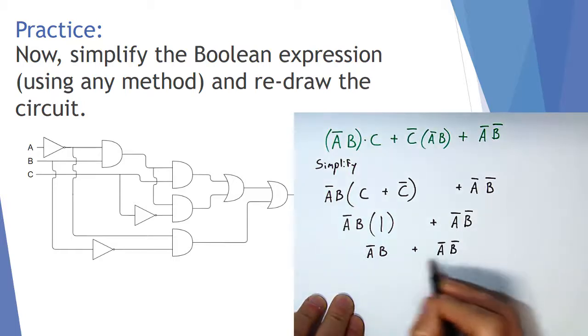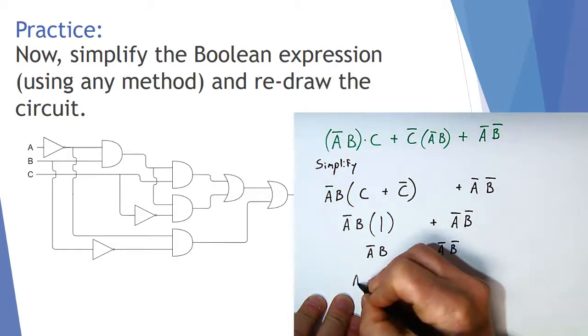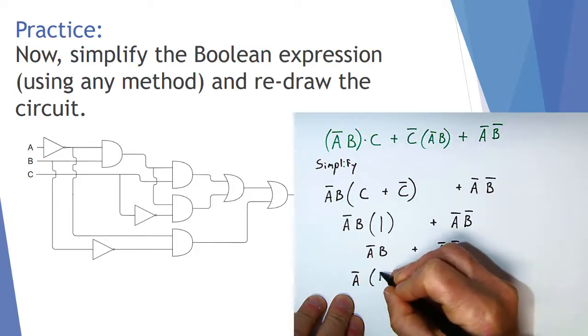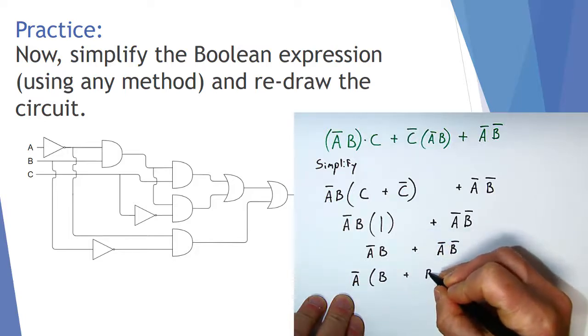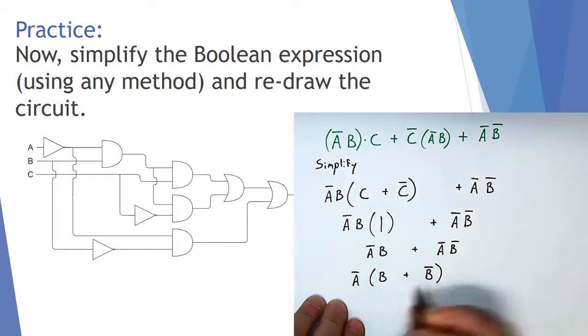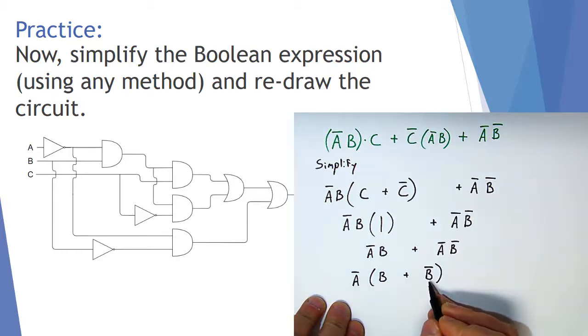But now we have a common factor of A naught, so let's factor that out, and we're left with B or B naught. But we know that B or B naught is 1, just as it was for C up there.